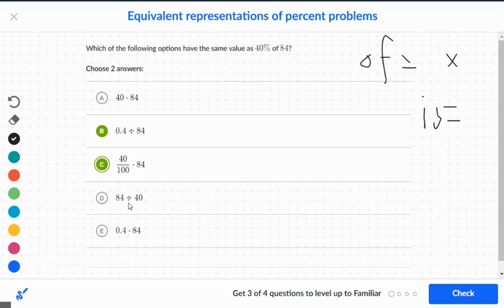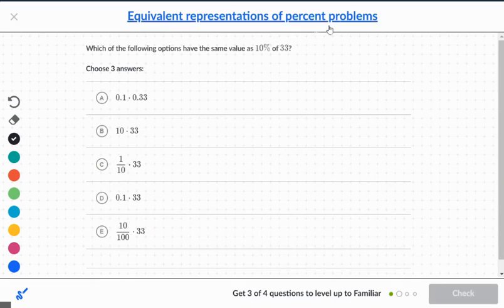This is 84 divided by 40, so that's not correct. And then this bottom one is 0.4, so that's the correct decimal, times 84. And that tells me I saw the right numbers, but I had the wrong operation. It should have been multiply and not divide. So I go forward, and that's correct.